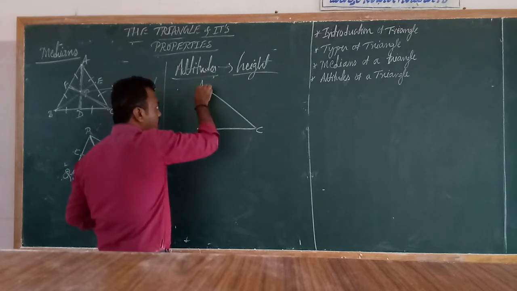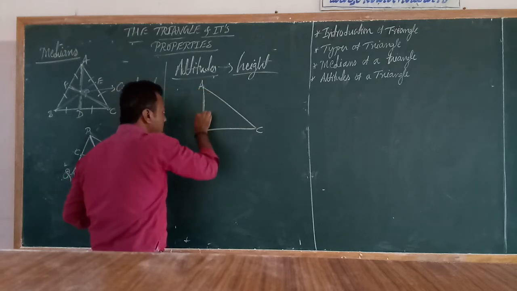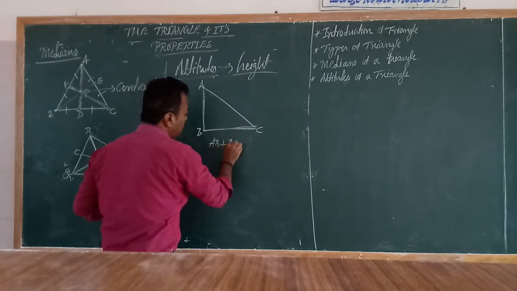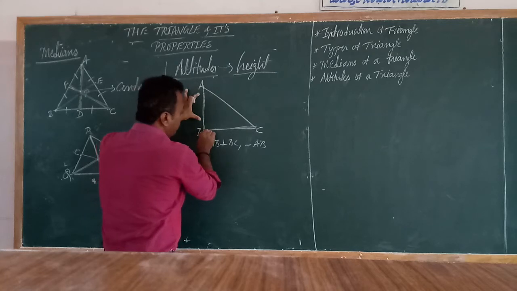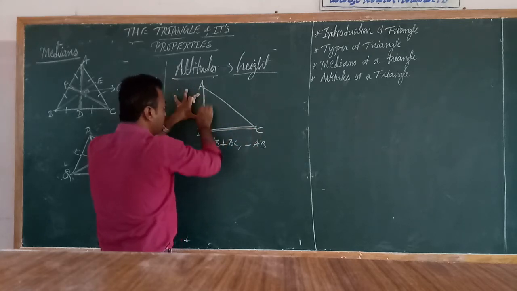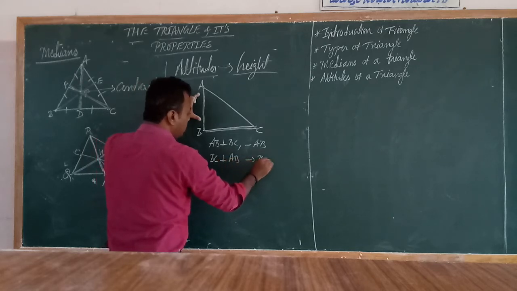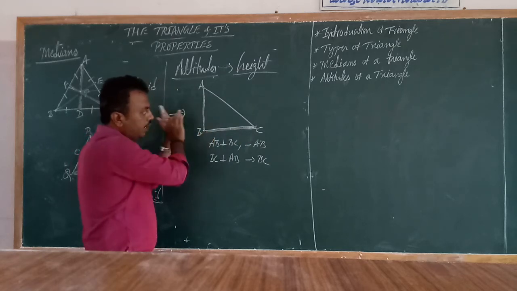From the vertex A, see, this is an altitude to B. So AB is perpendicular to BC. AB is perpendicular to BC, therefore AB is an altitude, and BC is perpendicular to AB. BC is perpendicular to AB. Therefore, BC is also a height.